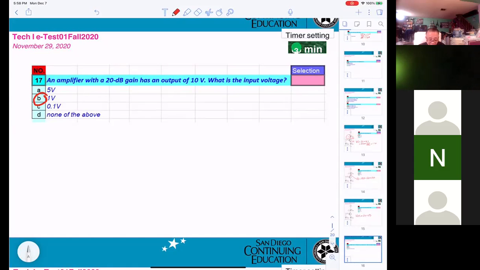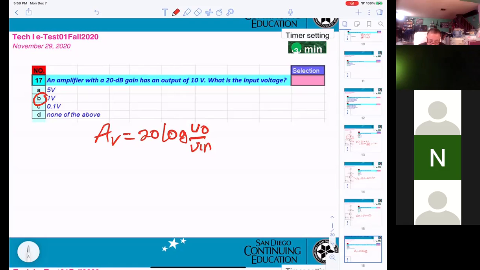Okay. Now, the amplifier gets the gain 20 dB. So basically AV equals 20 log Vout over Vin. That's just a formula.